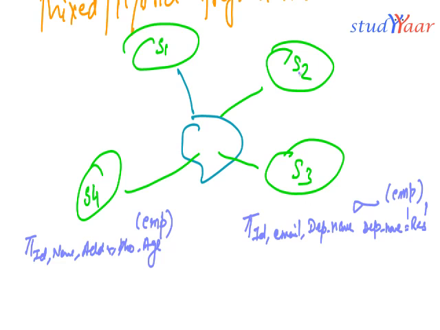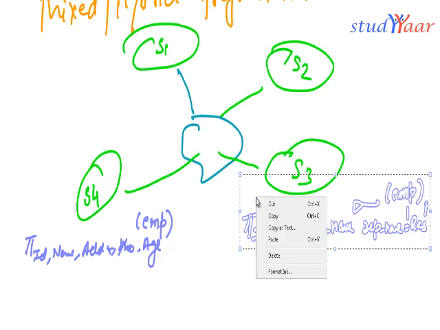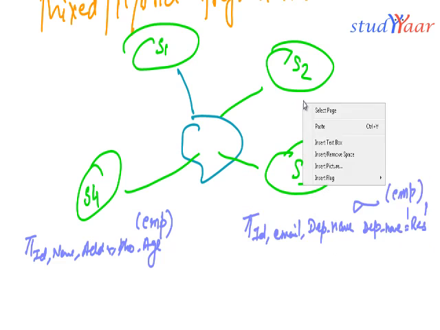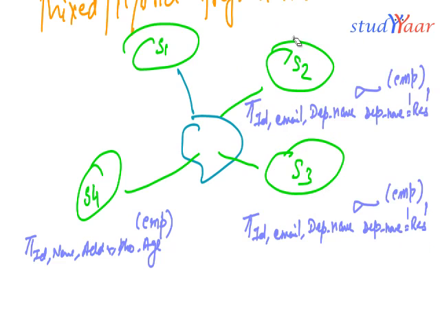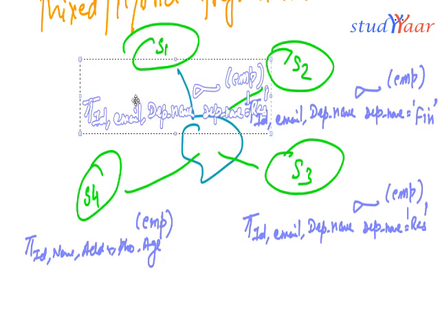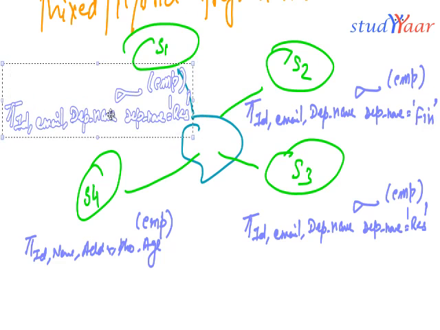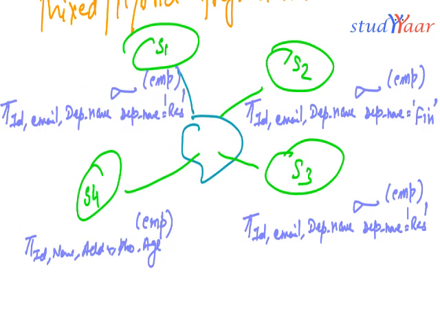At S2 I am going to do the same, but I am going to store the details of the finance department. Here goes my finance, and at S1 I am going to store the official details regarding the operations department. Let's call it OP. So this is my hybrid or mixed fragmentation.